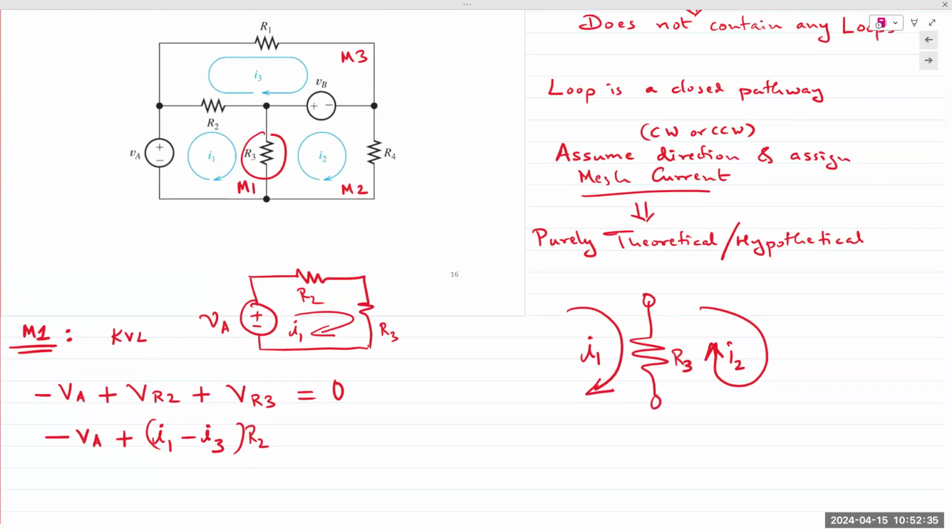Because we are adding up voltages in mesh 1. So I1 would be positive and I3 is negative because of my chosen direction, clockwise. It is flowing in the opposite direction. Think of it this way. I1 enters R2 from the left, so it causes a voltage drop plus minus.